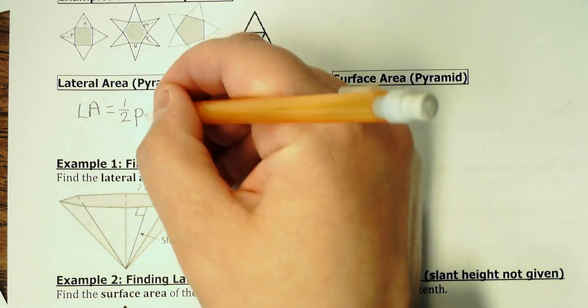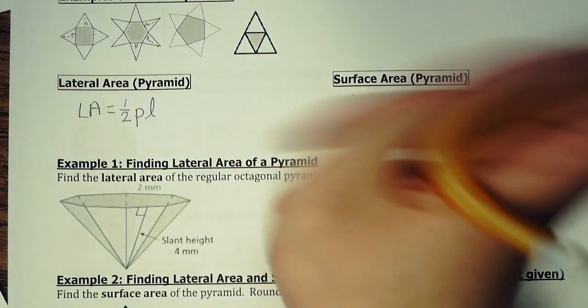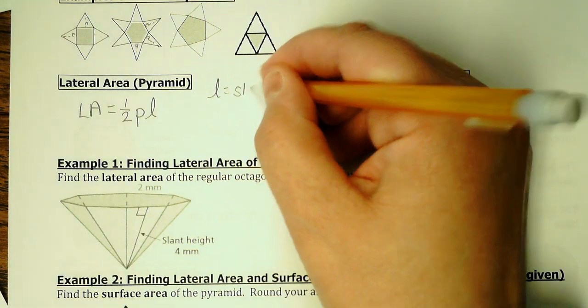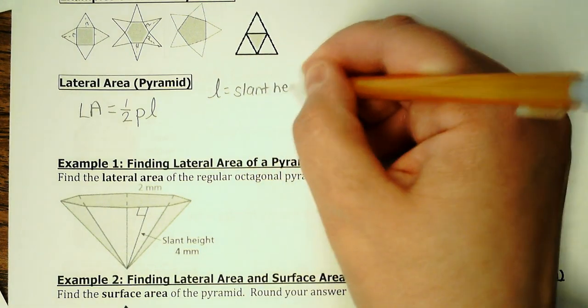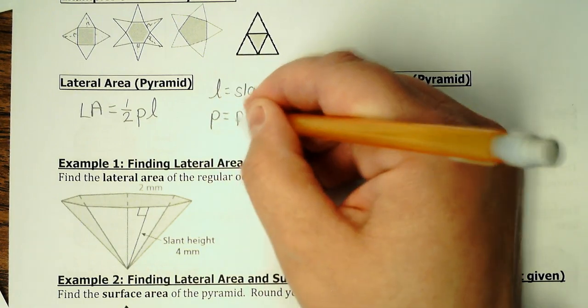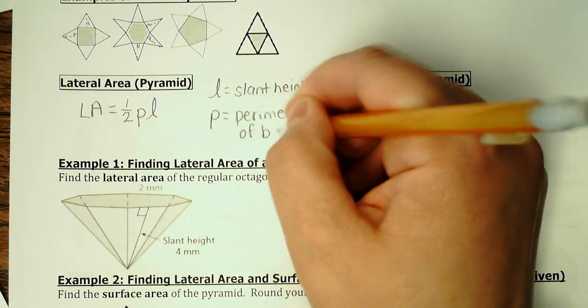And then we're going to do slant height, which is represented with an L. So I'm just going to write this to the side, kind of a cursive L. That's what we use to label the slant height in all these formulas. And P, just like for the other formulas we've been working with, stands for the perimeter of the base.